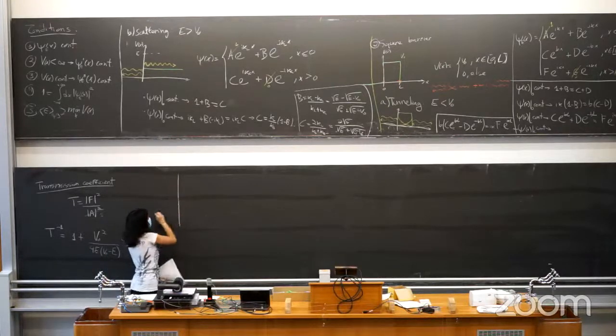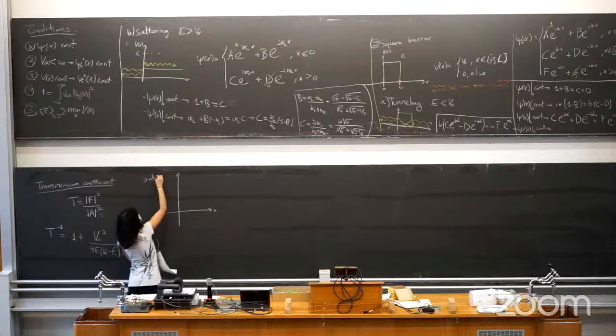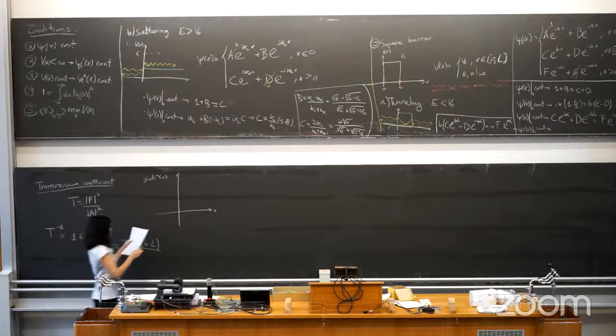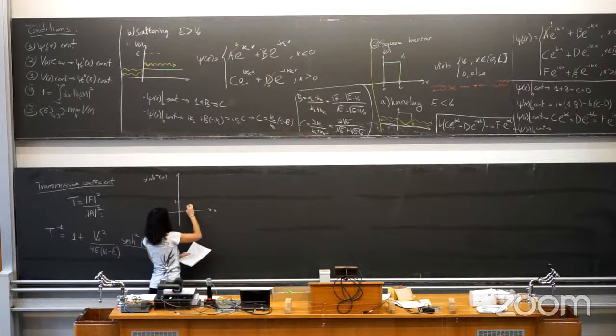So if this is x and this is the hyperbolic sine of x, then it looks a little bit like this.